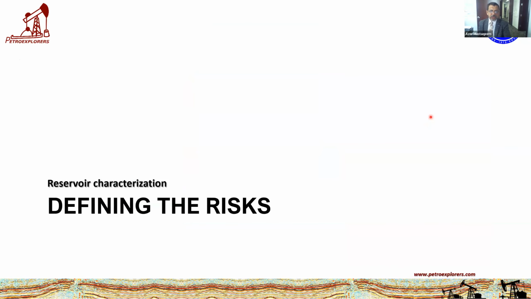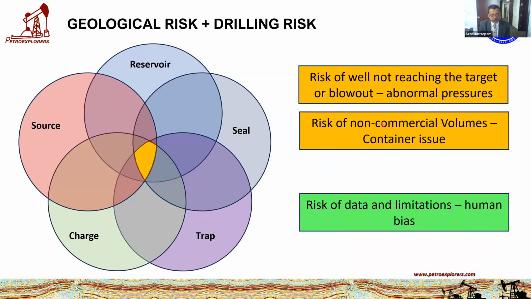So now I want to define the risk before going into more detail. We all saw these diagrams of risk analysis. The discoveries are only made here. That is no longer true. The discoveries are made within the source rock, even if you don't have seal and trap and reservoir.